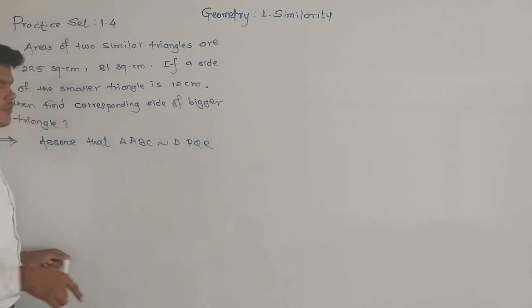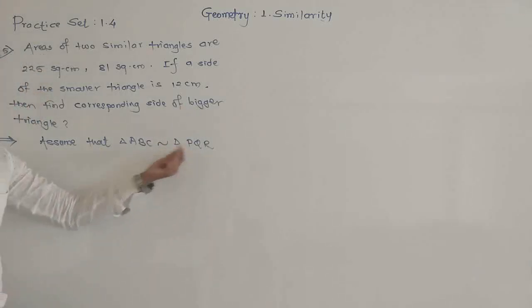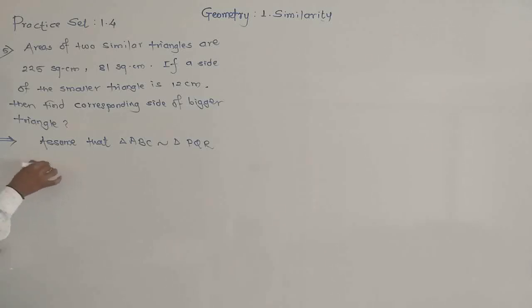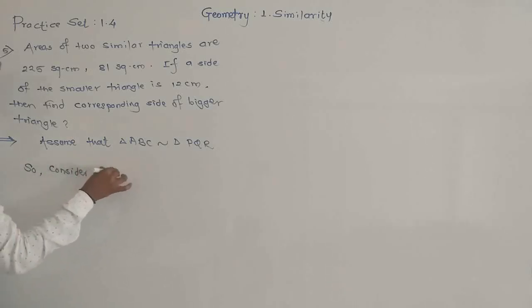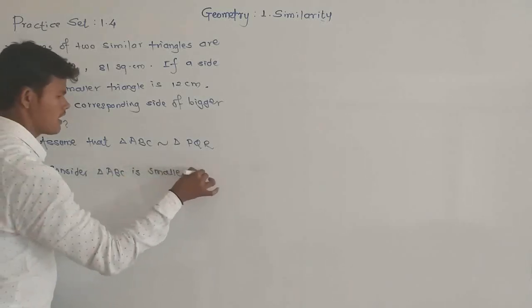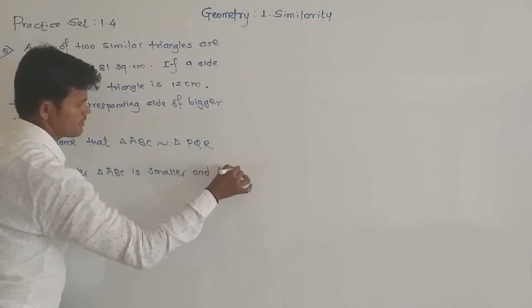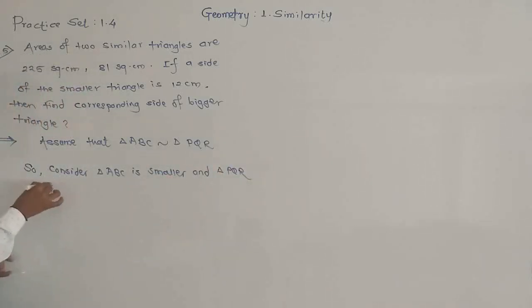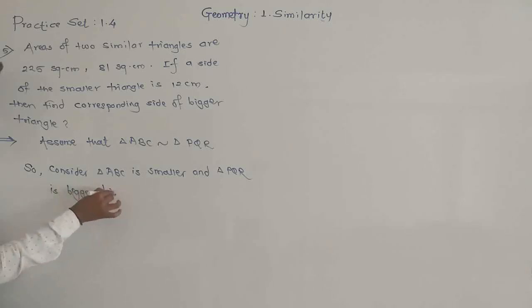Out of that, one is smaller and another one is bigger. So consider triangle ABC is smaller and triangle PQR is bigger triangle.